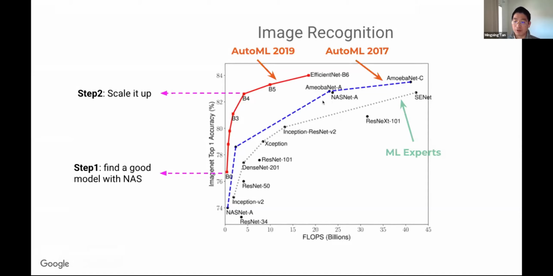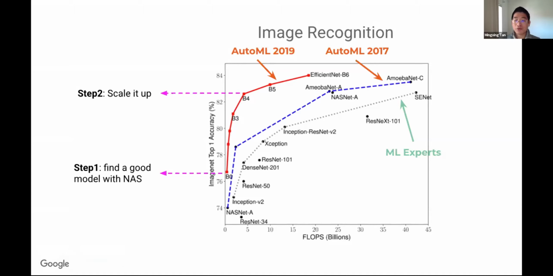There are also some other models. In 2019, we also designed another network called EfficientNet. If you compare these 3 curves, you will find AutoML-designed models are much more efficient in terms of accuracy and FLOPs trade-offs. And especially the latest EfficientNet, it has much fewer FLOPs and parameters, but pretty good accuracy.